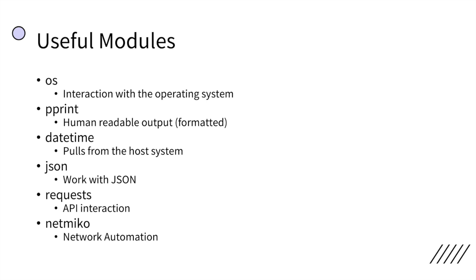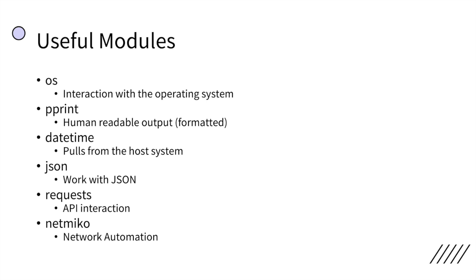And like I said, one of the reasons I like No Starch Press is because they take a fun, short, sweet, and to-the-point approach to learning technology, as well as pulling out some of the more common use cases that you would use it for. So we'll be looking at the OS module, how to create directories, move files around, things like that.